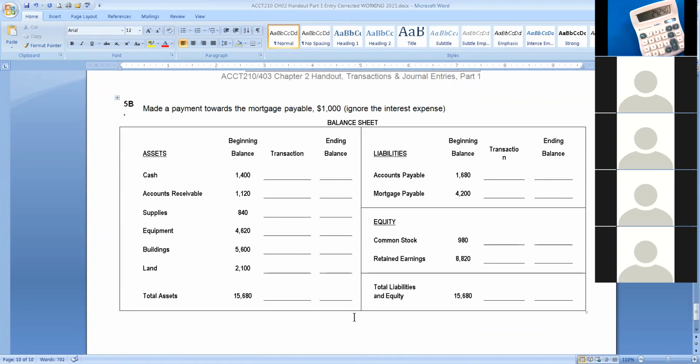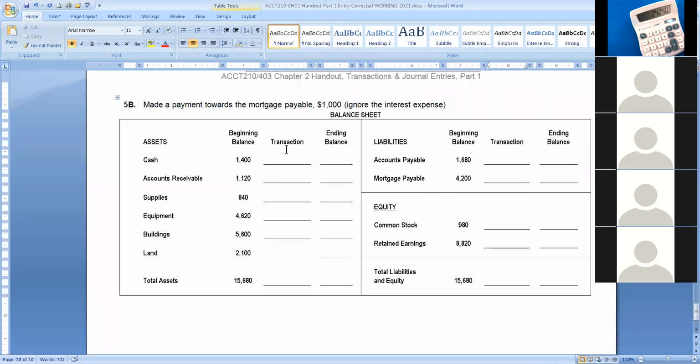5B, made a payment towards the mortgage payable, $1,000. Ignore the interest expense. Okay. Same as the other one. We need payment. It's going to tell us that that's cash. So paid or payment. So they're paying cash. So that would be minus 1,000. Oh, wait, I still got another one to do.